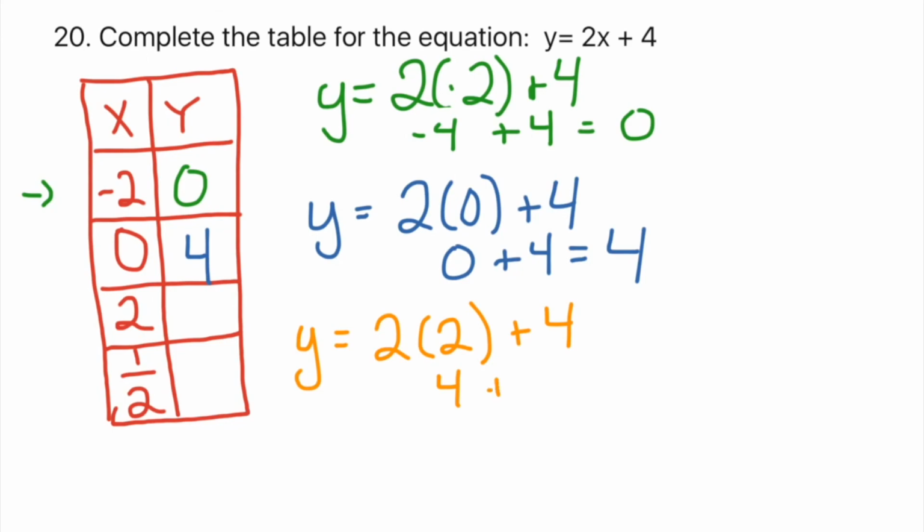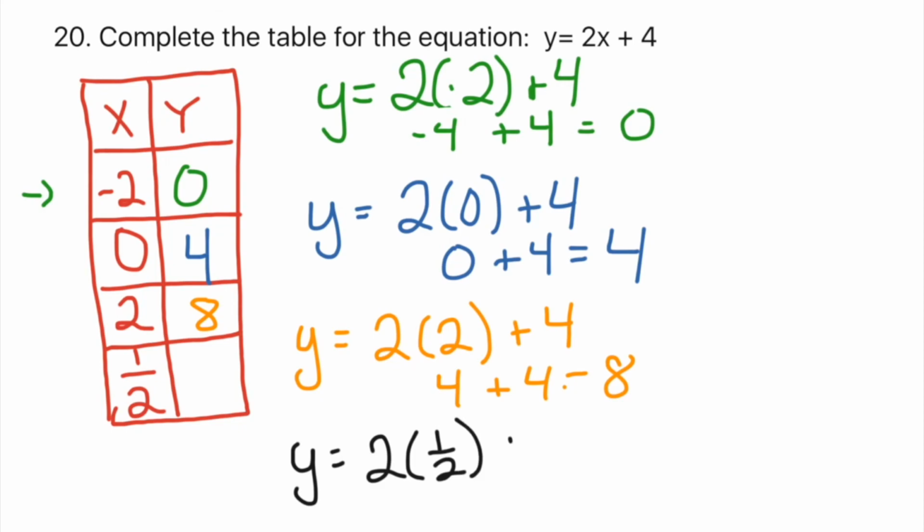So that's 4 plus 4, which is 8. And lastly, we have y equals 2 times 1/2 plus 4. So this is going to be 1 plus 4, and 5. So there you go, problems 1 through 20, test 4 of algebra.